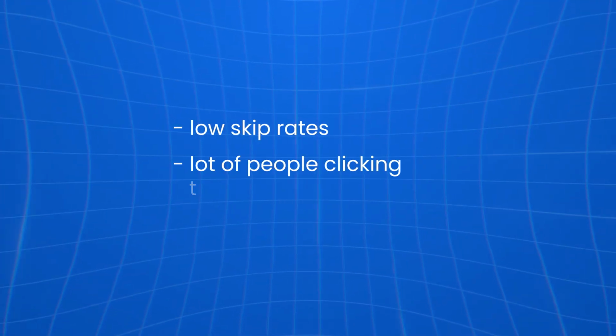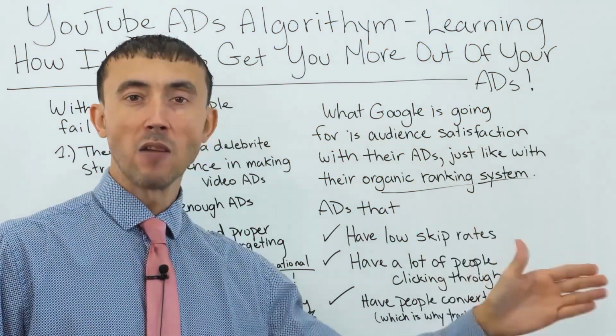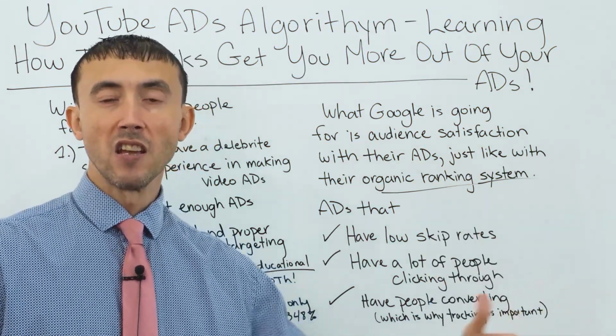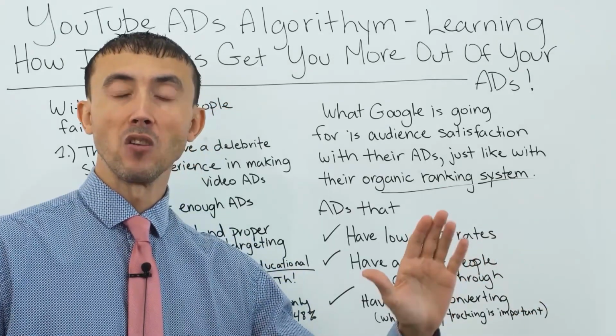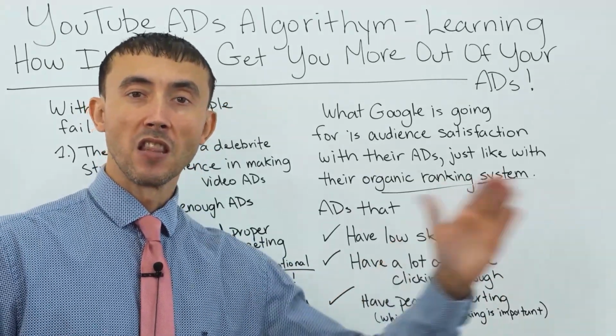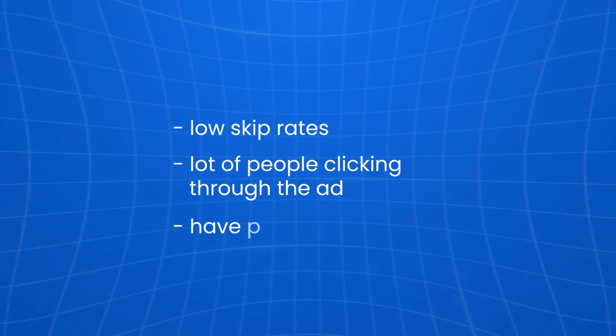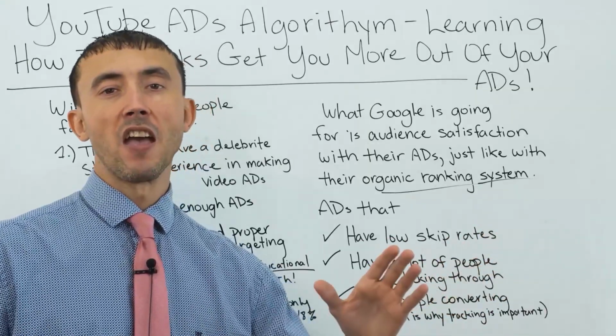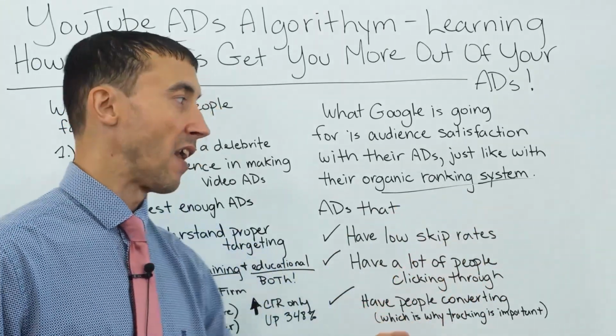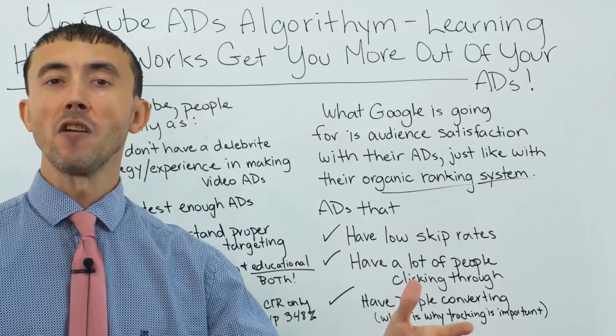They have a lot of people clicking through the ad, indicating that the ad was useful to the audience and/or the video ad was entertaining enough and promised something useful enough to the user that they clicked through, and have people converting. That is, they bought something after they actually clicked through that ad or turned into a lead if you're doing lead generation.